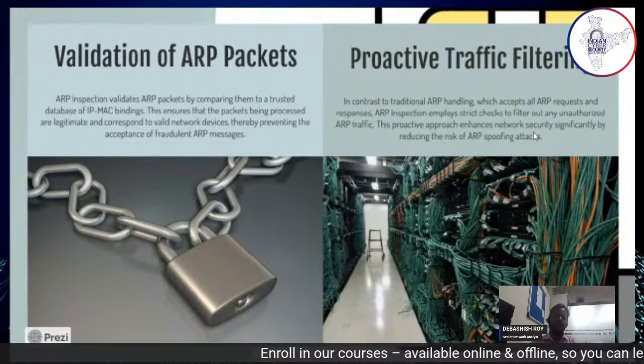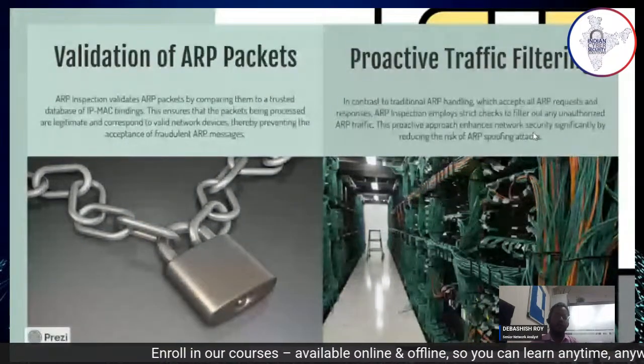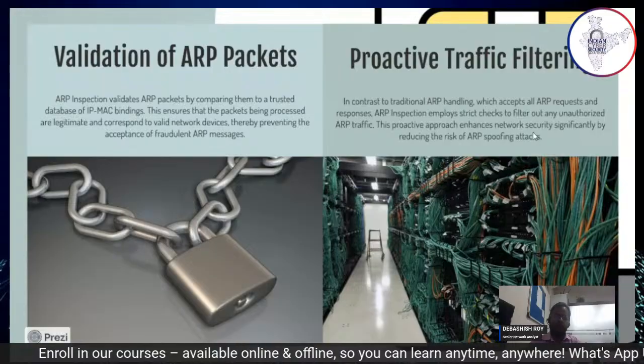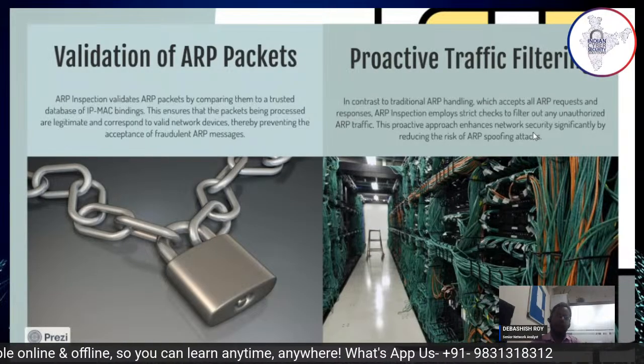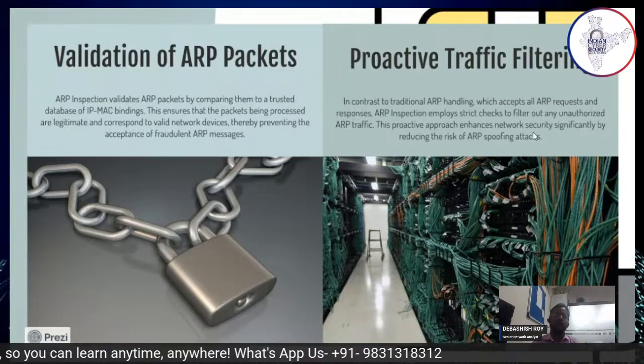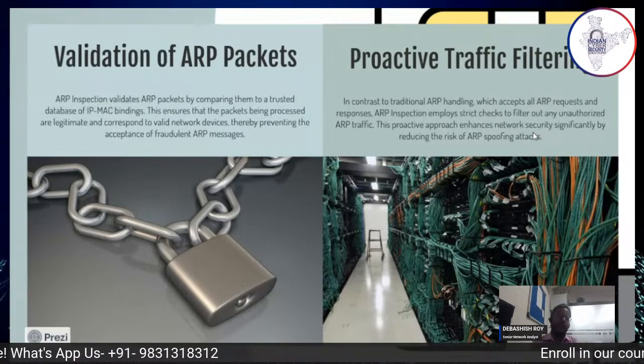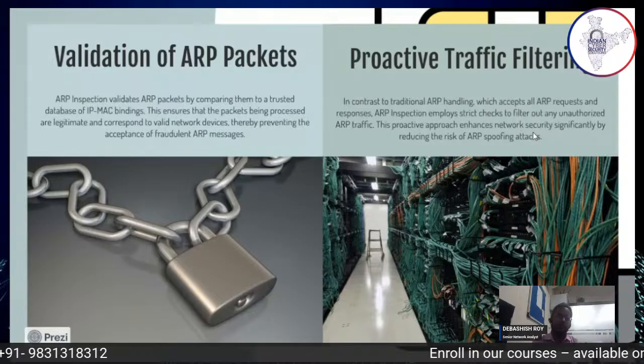If it is there, it will pass; otherwise, it will be blocked. It prevents the acceptance of fraudulent ARP messages. Proactive traffic filtering: ARP inspection employs strict checks to filter out any unauthorized ARP traffic.